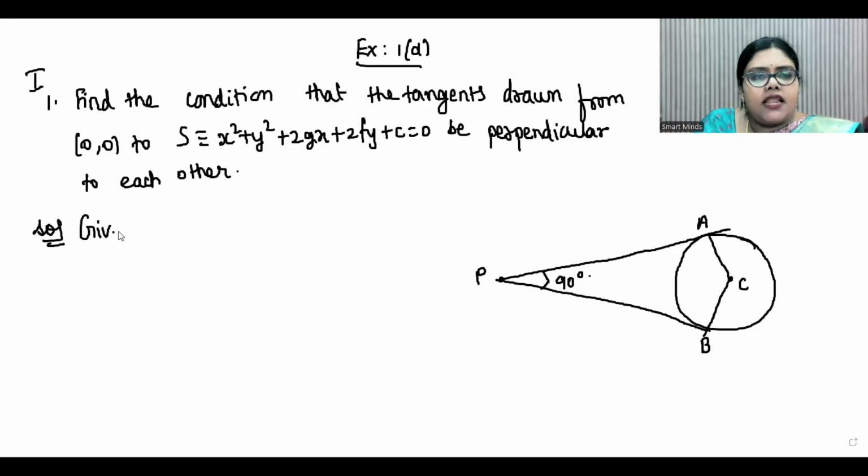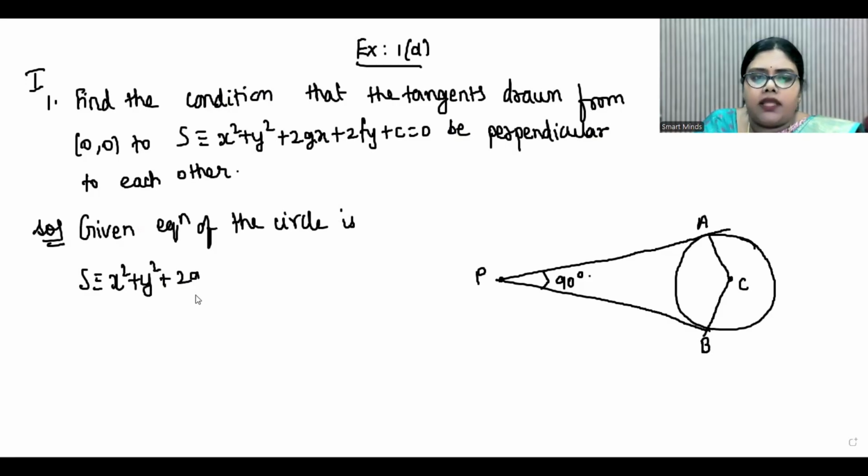So first let us write down the given equation of the circle. Given equation of the circle is S equal to x square plus y square plus 2gx plus 2fy plus c equals 0. Now what is the center? See, the given equation is the general equation.